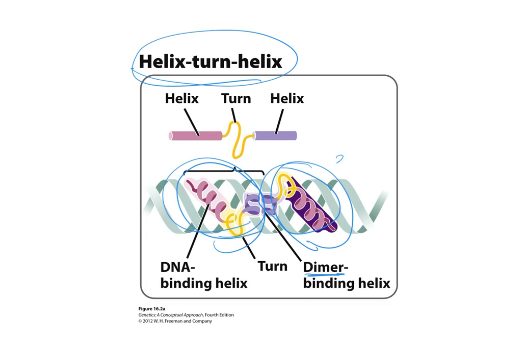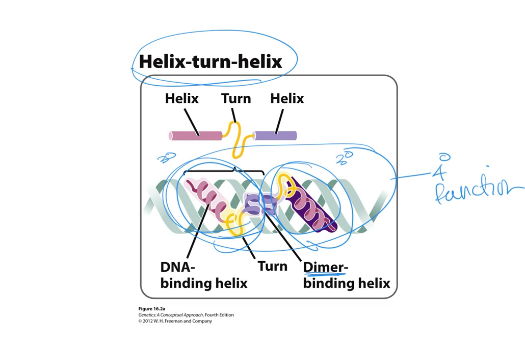Each has tertiary structure. Together, quaternary structure for function. They can't really do much by themselves. They have to be in a dimer. It's very common for transcription factors because they have to bind either both major groove or both minor groove.